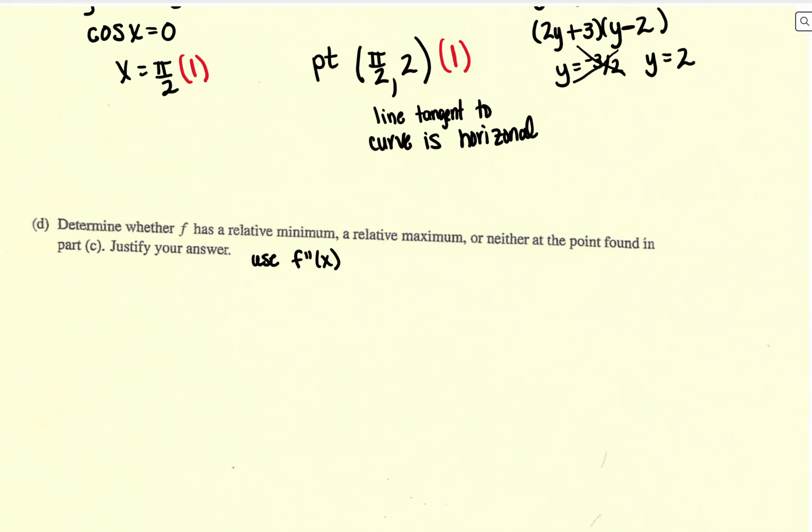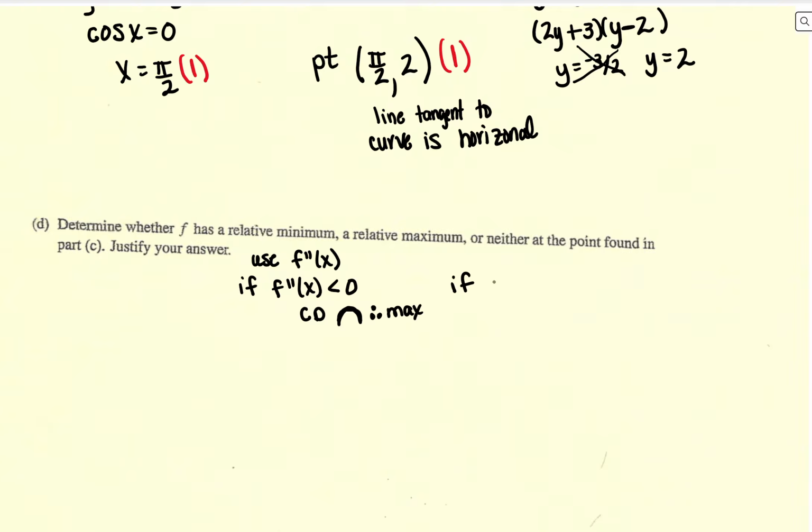If the second derivative is less than 0, then you will recall that you are concave down. Think about what concave down looks like. It doesn't hold water. So therefore, you would have a maximum.